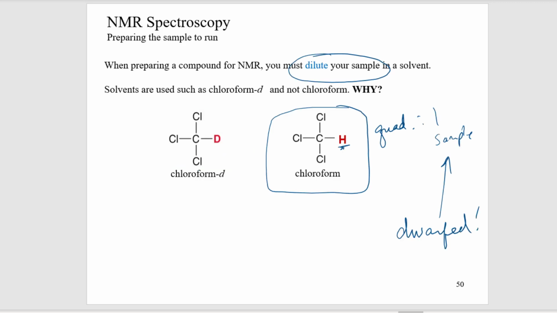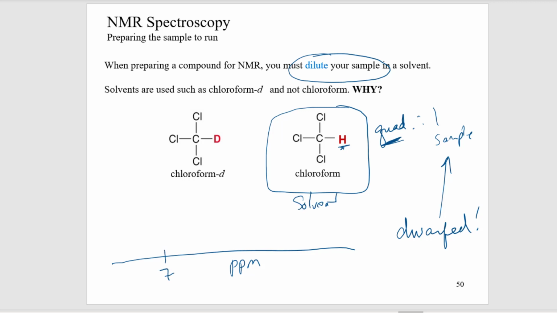So if I was running a sample in an NMR and I was using chloroform, here's the ppm scale. You're using a super large number of the solvent because your sample is dilute in there. So there's only a few molecules of your stuff, and then a bajillion of the solvent. This is the solvent you're using to dilute your sample.